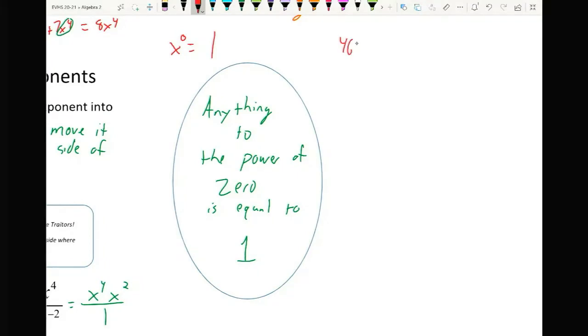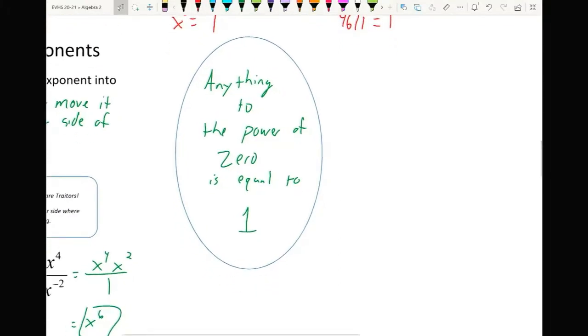Any large number, 4,611 to the 0 power is 1. Some complex, crazy thing. Well, actually, you know what? Let's do a simple one. 2 to the 0 power is 1.